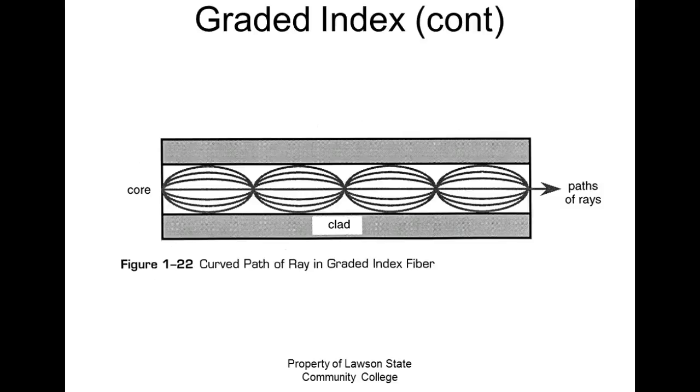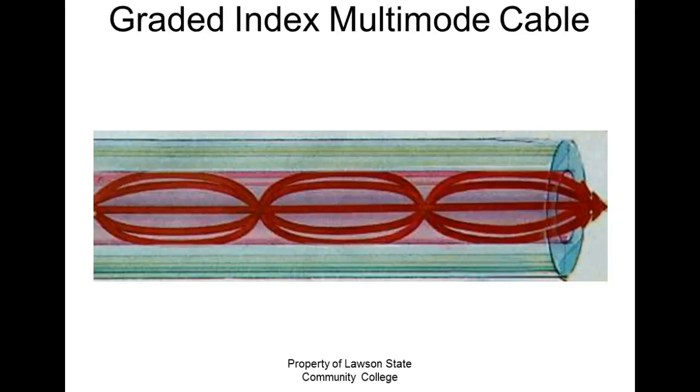But this is what we got. So we got graded index, multimode. As soon as I say graded index, you know it's multimode, right? Graded index, 62.5/125 fiber, with a 250 micron coating and a 3 millimeter outside jacket, excuse me.